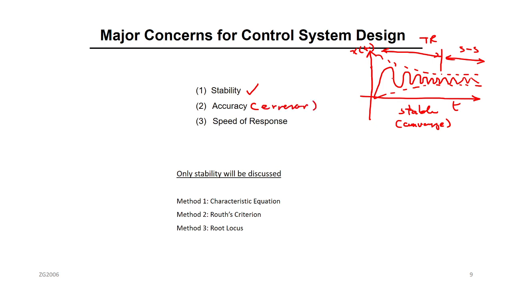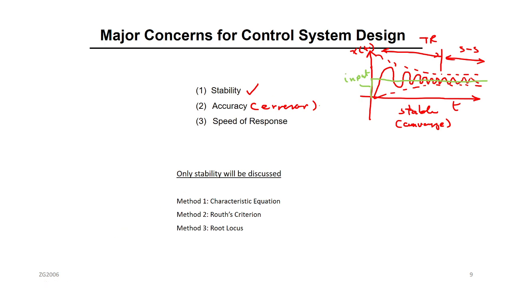Okay, the error. For example, here we have the input. This is the output, right? The input, for example, here is a step function. Okay, this is the input. Step function. This is the input. This is the output, okay?